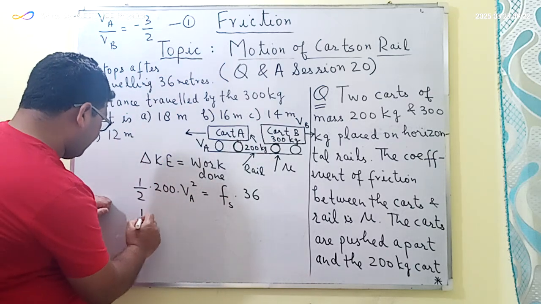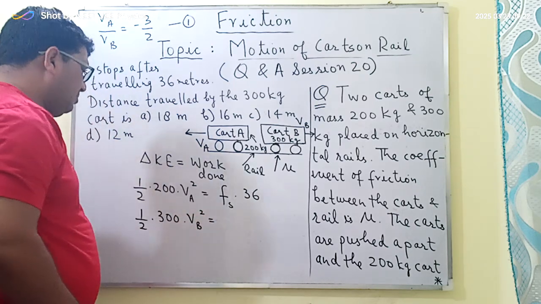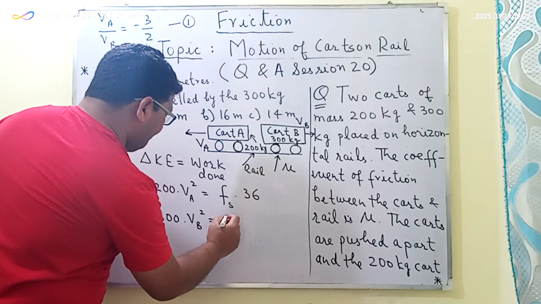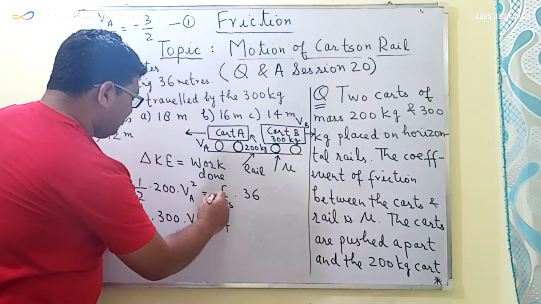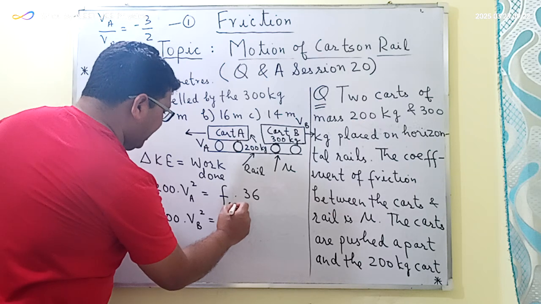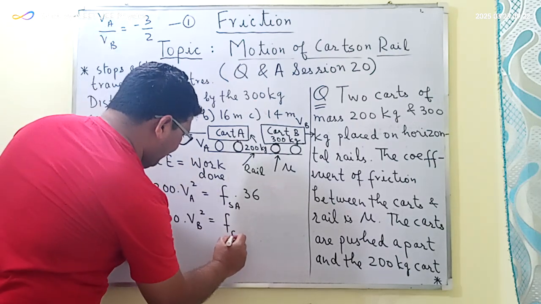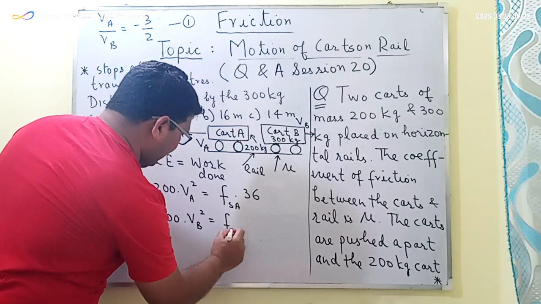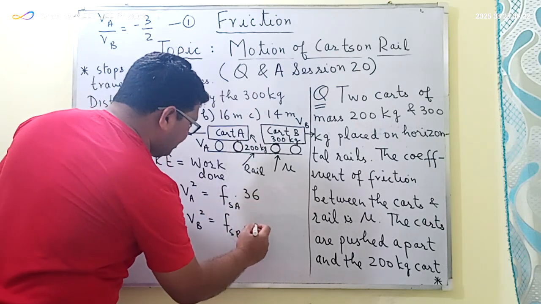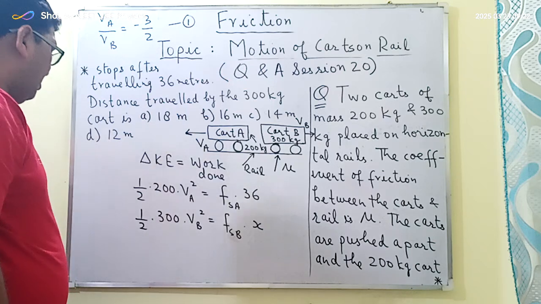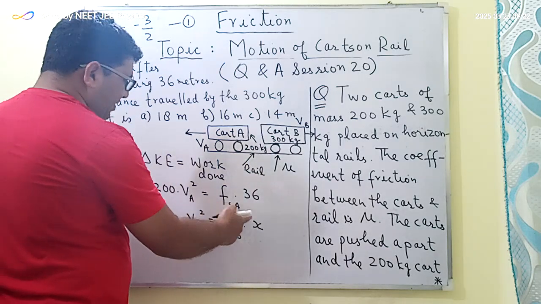For cart B, the change in the kinetic energy will be half into 300 into VB square, and this is equal to the force of friction in the case of cart B, FsB, into the distance traveled by cart B before it comes to halt, let us say X. Now we have to find the force of friction, FsA and FsB.